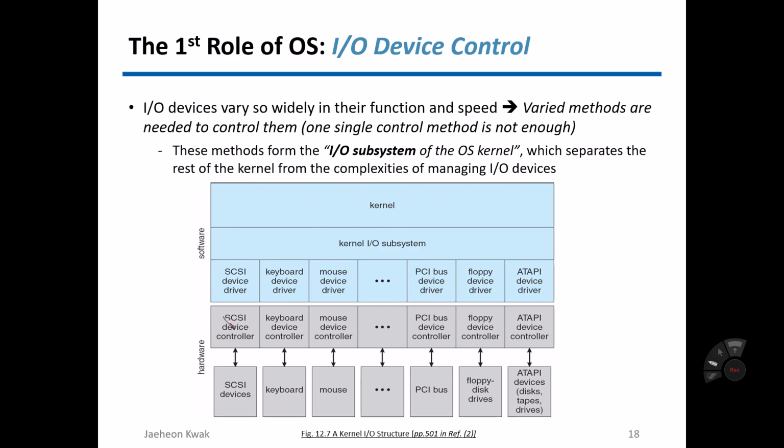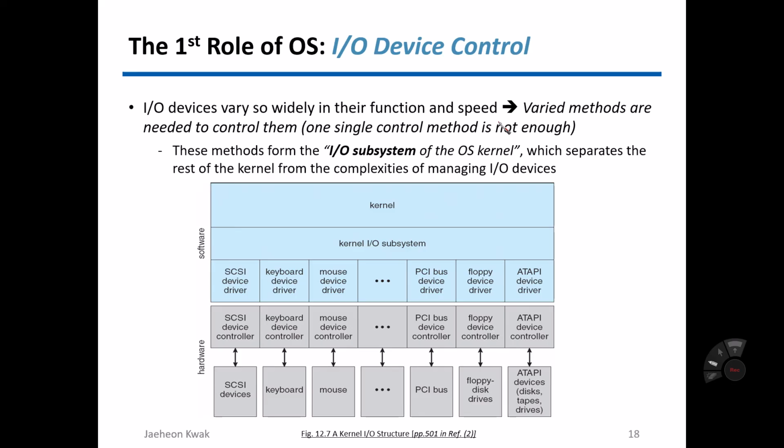To support I/O operations, the operating system has to do some things. The first law of the operating system is I/O device control. I/O devices vary so widely in their function and speed.